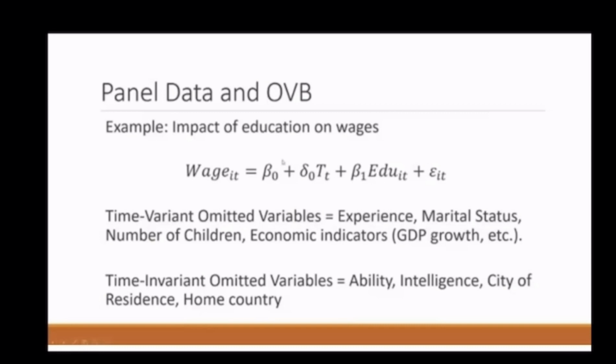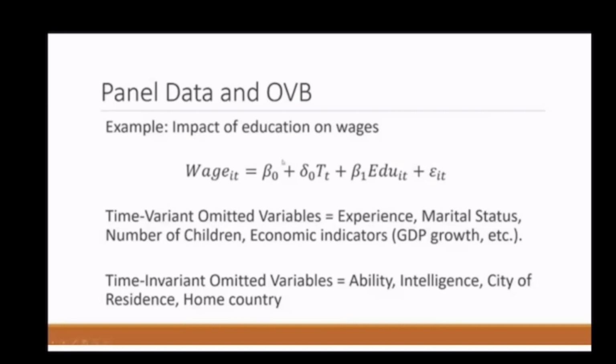Now, let us look at the unobserved that is time variant. I told you we're going to have time variant and time invariant. Does that make sense? Okay. For the time variant, it's going to be experience. Why is experience time variant? Of course, experience varies over time. Your experience last year is not your experience today. What about your marital status?